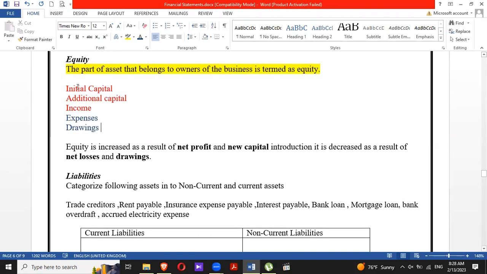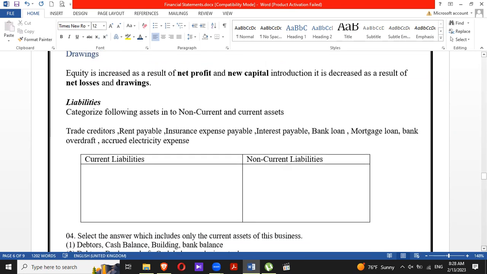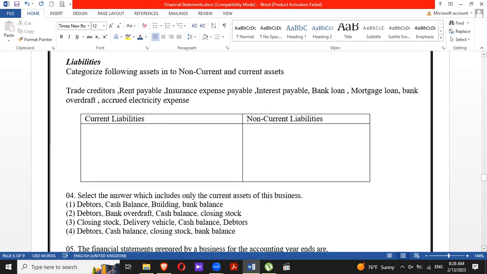Then we know there are only two equity accounts, the capital account and the drawings account. That also comes under the statement of financial position. Next, let's move to the last element of the statement of financial position, that is liabilities. Go through these liabilities.